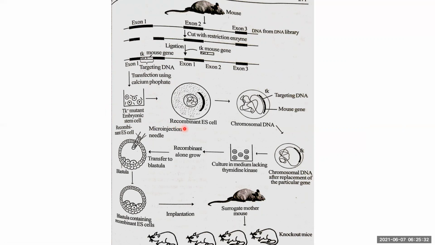By homologous recombination, this targeting DNA gets inserted into the chromosomal DNA, giving recombinant embryonic stem cells. You grow them in a selective medium, and only the recombinants will grow. The recombinant stem cells are implanted into the blastula with a micro-injection needle, and this blastula is then implanted into the uterus of a surrogate mother, which will give rise to knockout mice. Okay, so that is all with knockout mice.